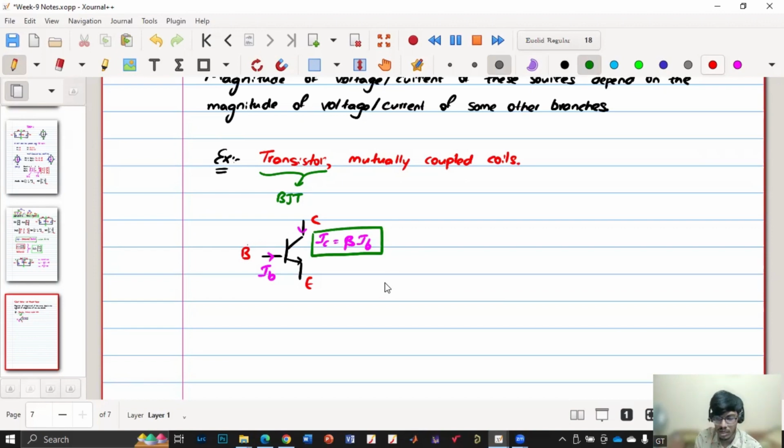If you have any doubt about the applications of dependent sources, note the representation of the dependent voltage source and dependent current source. Instead of a circle, we'll use this kind of symbol, with plus and minus. Similarly for current, we'll use the same symbol with the current direction.